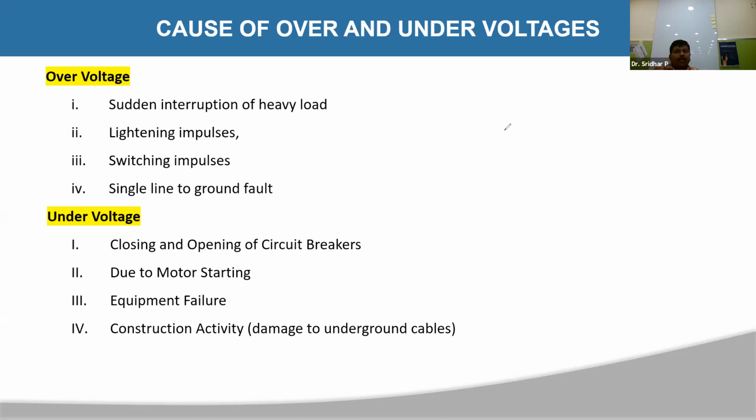But whether underground cables or overhead conductors, whenever there is construction activity, suppose they change our load from one phase to another phase, this kind of activity will also cause some under voltage. These are the major causes of over voltages and under voltages.